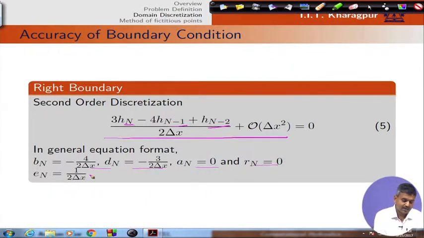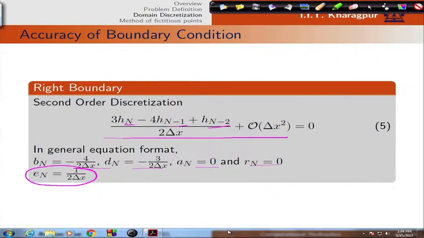Now, we are getting one extra coefficient here, which is represented as E n, 1 by 2 delta x. So, how to incorporate this within the matrix structure?